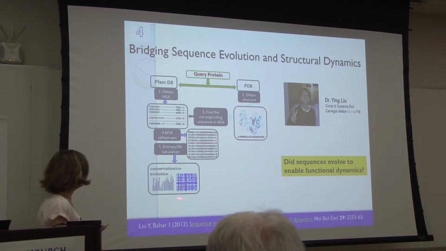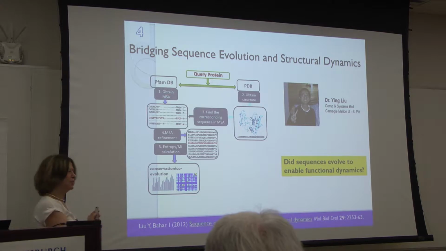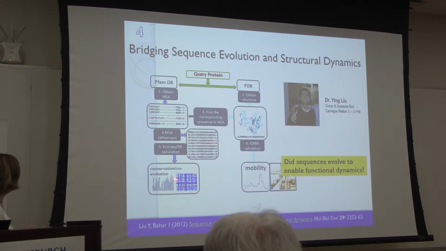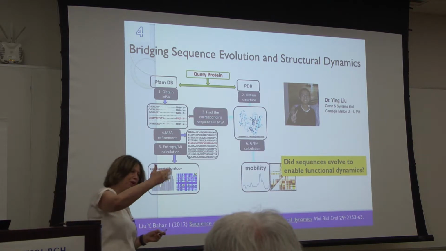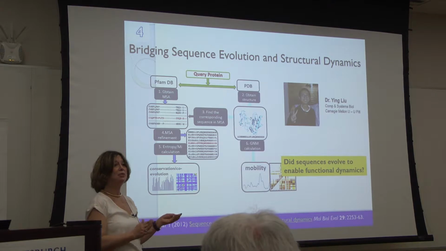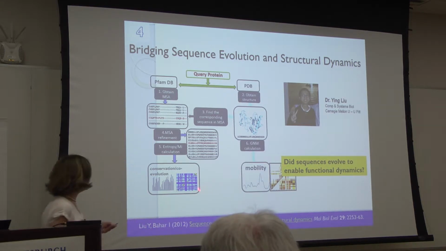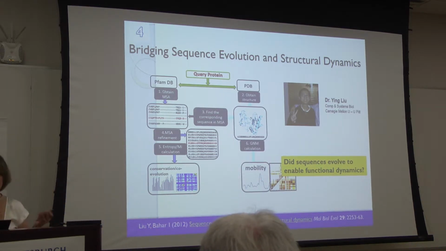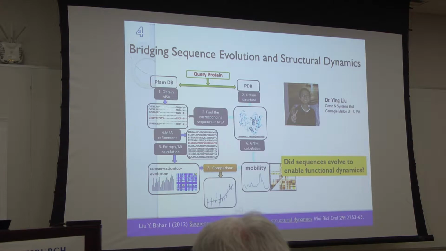So you can obtain what's called a coevolution map, right? And then we would like to compare whether the conservation profile and mobility are related in any way, okay? Or coevolution and cross correlations, can we see any relationship? So that was the motivation. And then based on the comparison, we make inferences.